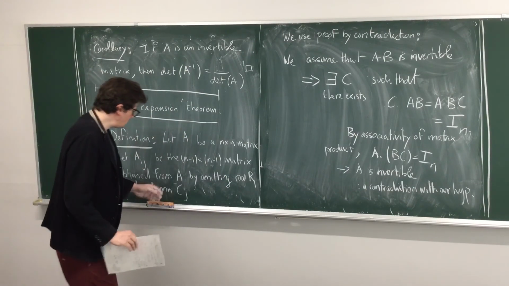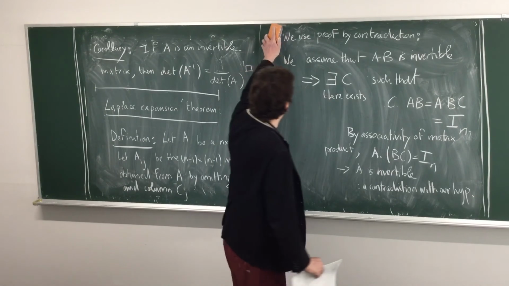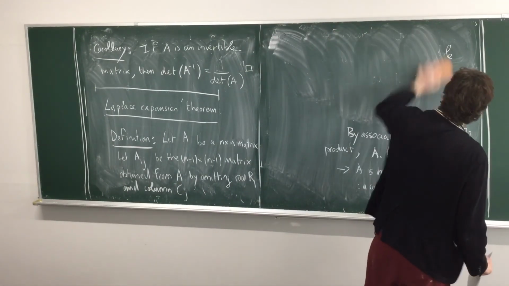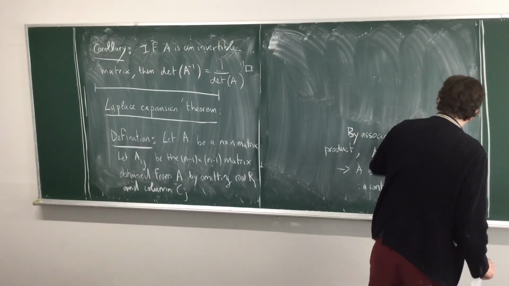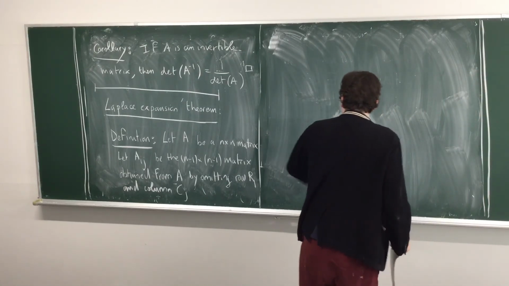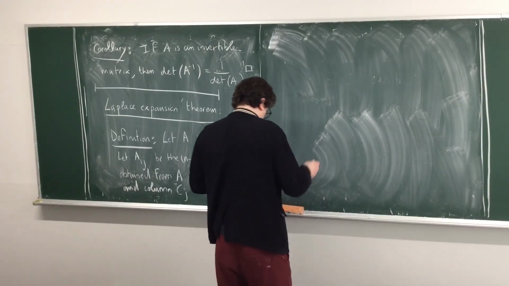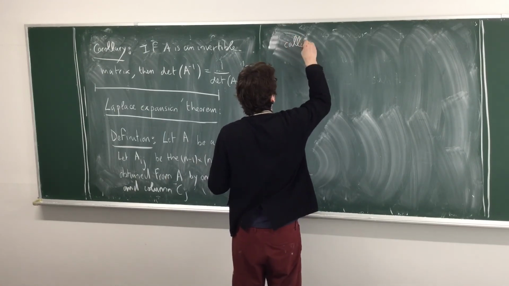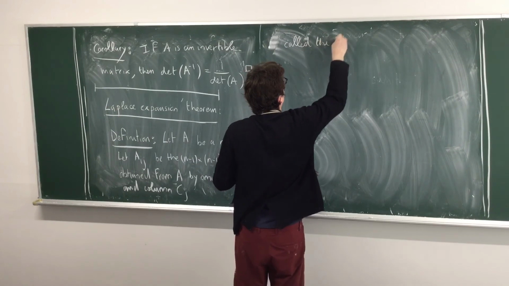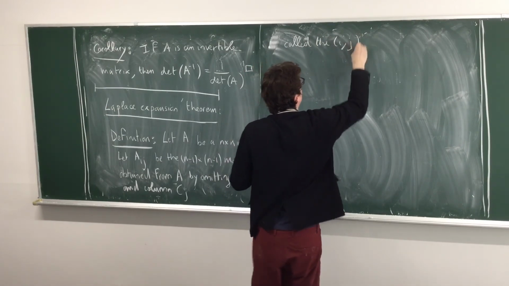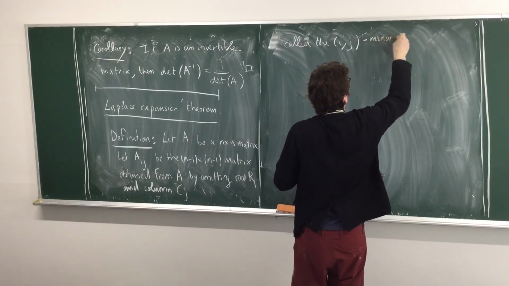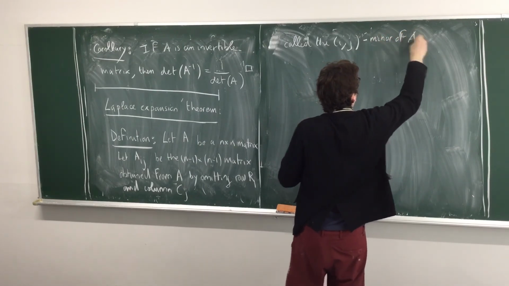So you remove the row i and the column j, and you will get an n minus 1 times n minus 1 matrix called Aij. This is called the ij minor of A.